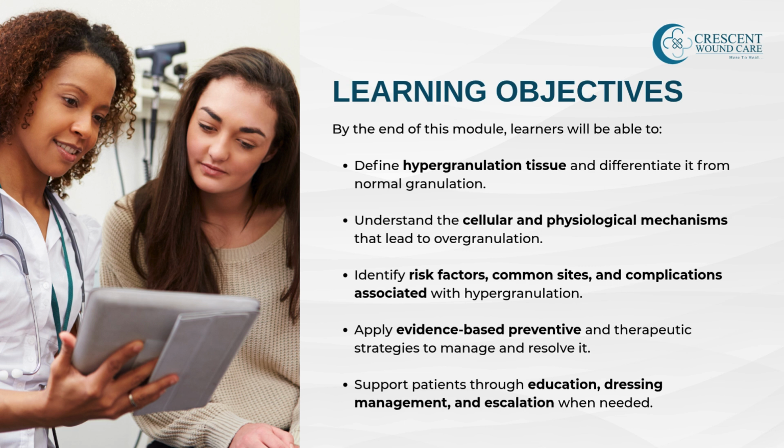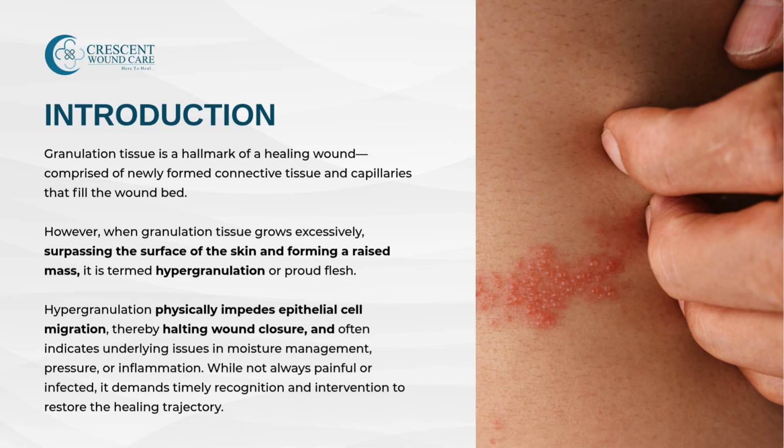Educate and guide patients and caregivers for better wound care practices and outcomes. This knowledge will empower you to not only treat hypergranulation, but also to anticipate and prevent it, thus improving healing times and patient comfort.